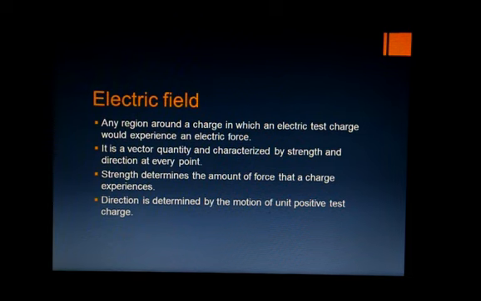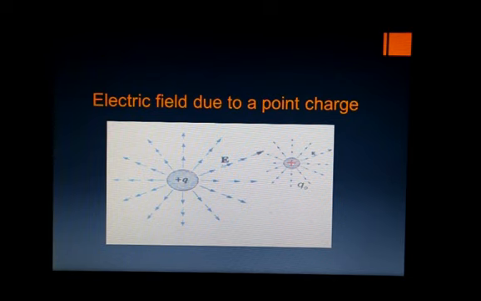Electric field is a vector quantity and is characterized by strength and direction at every point. Strength determines the amount of force that a charge experiences, and the amount of force is directly proportional to the number of lines. You can see here that in this figure, this region consists of lines, and the lines are directed away from plus Q. Lines are directed away from Q naught.